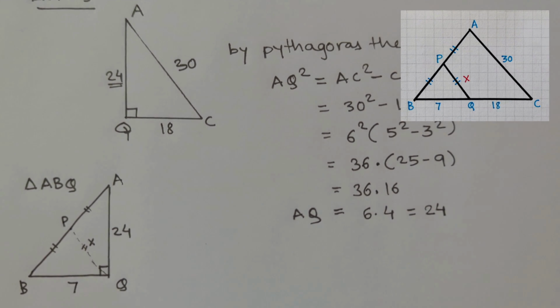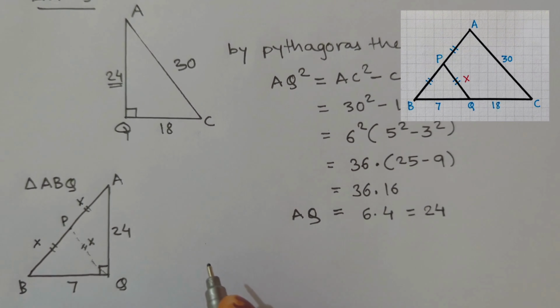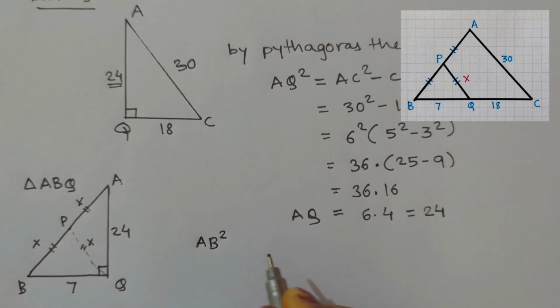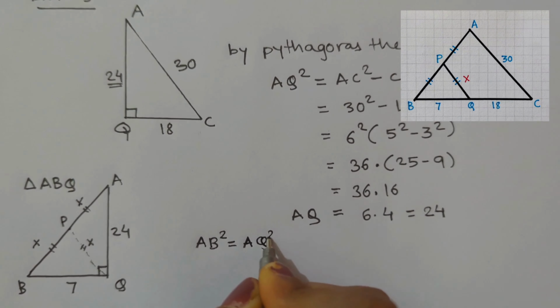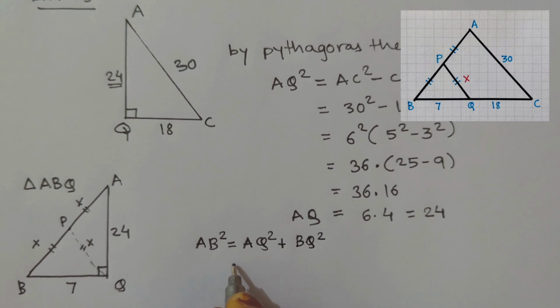Now focusing on the triangle ABQ, we have found out that the value of AQ is 24. We already know that BQ is 7, and here we have PQ as x. That's why this is also x, this is also x. That means, based on the Pythagorean theorem once again, AB square would be AQ square plus BQ square.